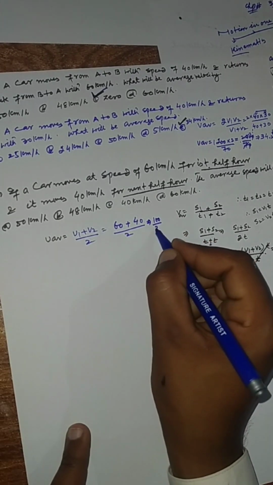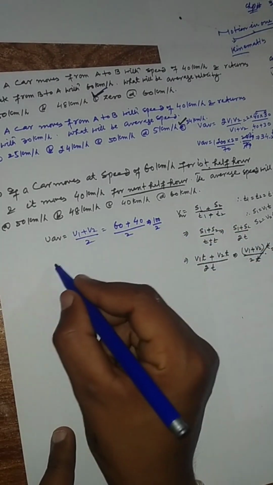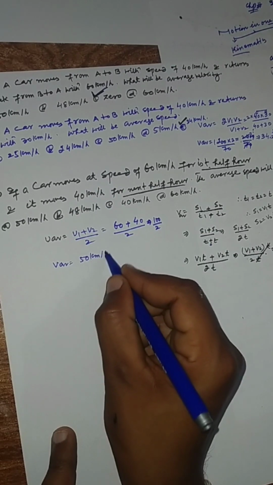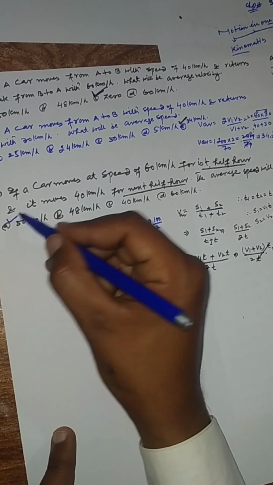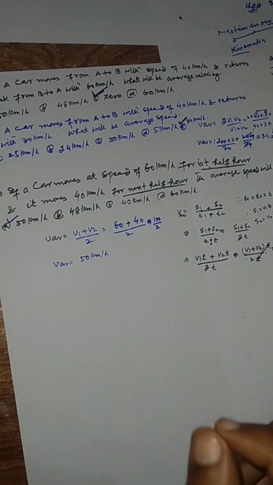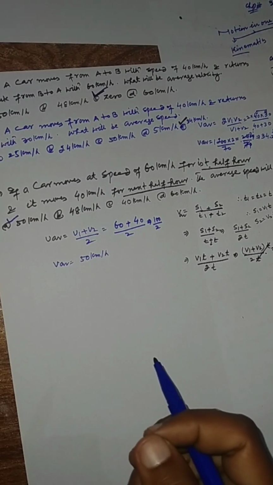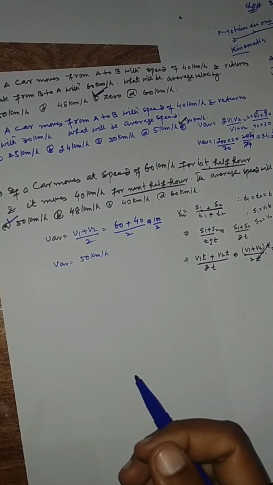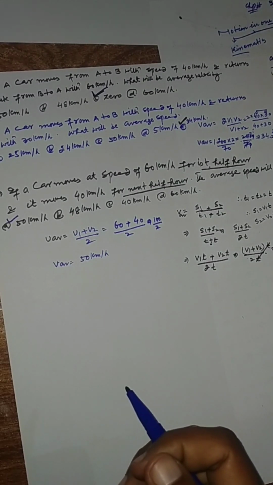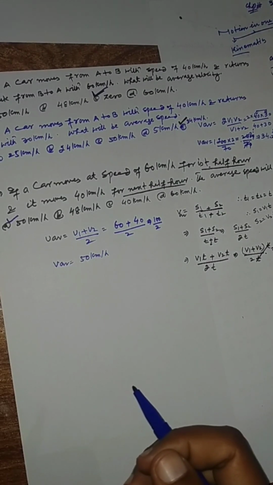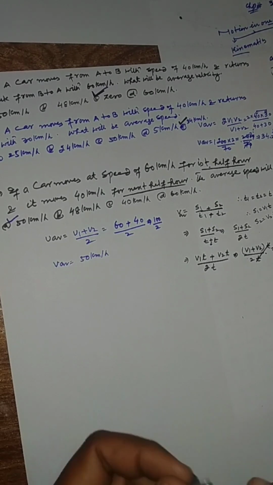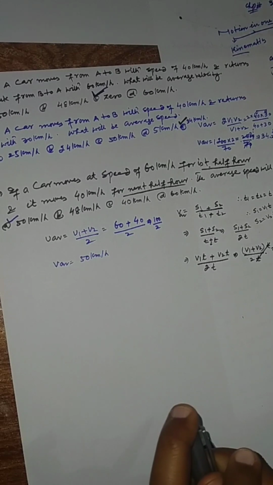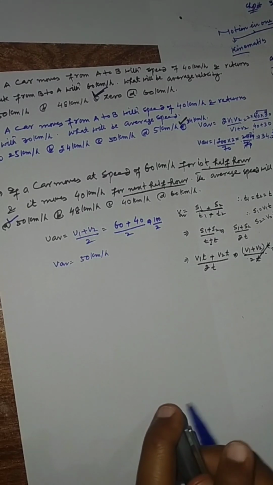We get 100 by 2, so the average speed will be 50 kilometer per hour. If this same value were at constant displacement, then the correct answer would be 48 kilometer per hour. But because the time is the same, our correct answer will be 50 kilometer per hour.